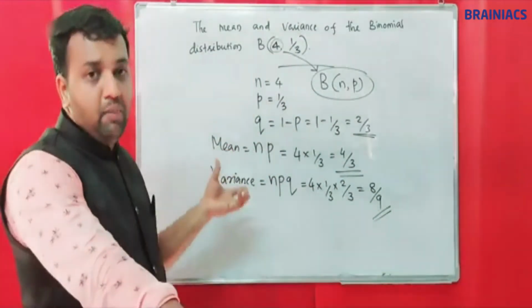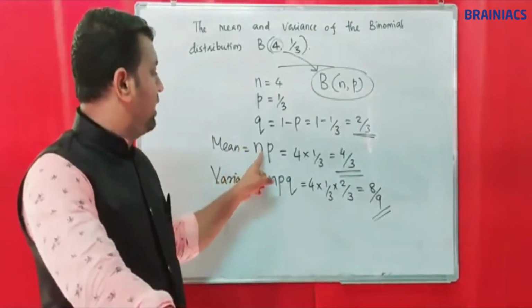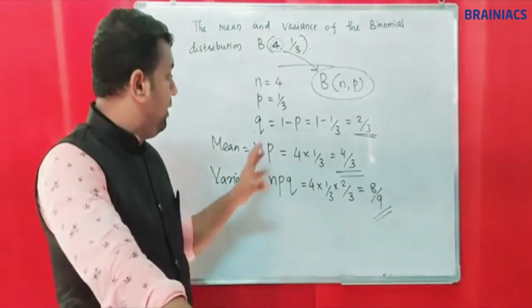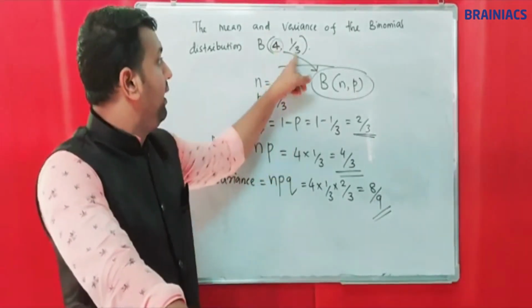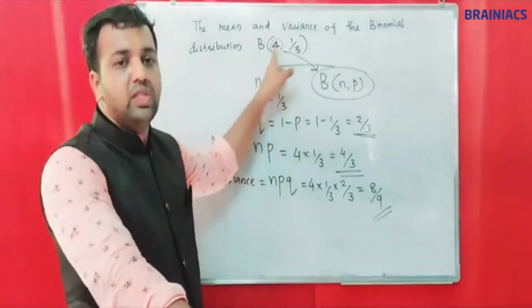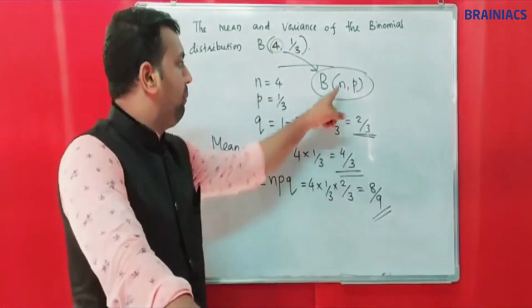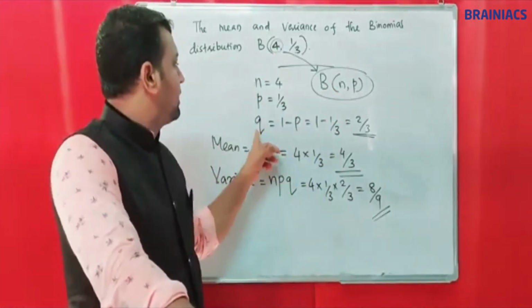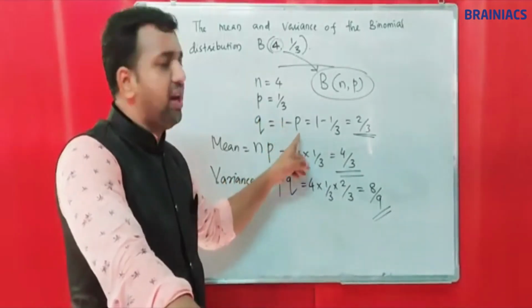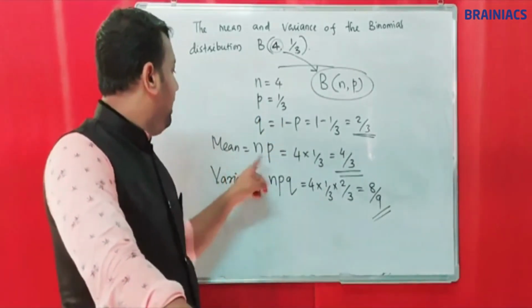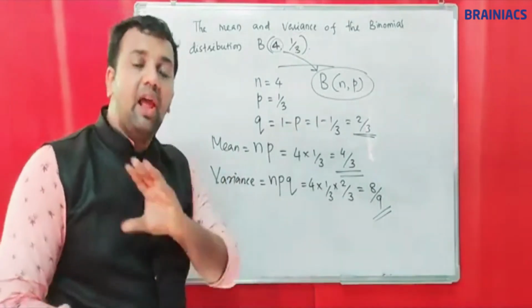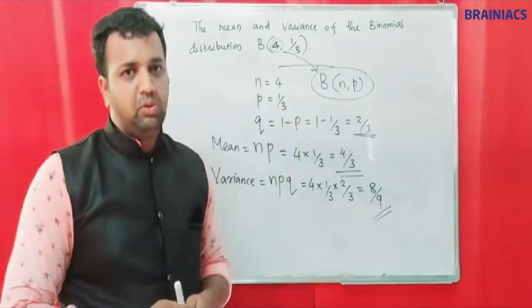In the case of binomial distribution, mean is equal to np and variance is equal to npq. n and p will be given from the question B(n, p). First value is n and second value is p, and q is got from p, that is equation 1 minus p. So mean np and variance npq are the mean and variance of every binomial distribution.